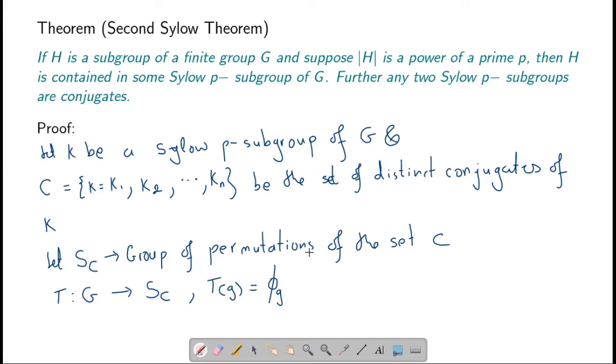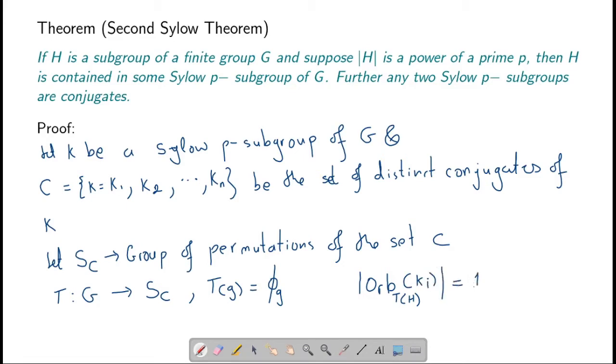Let us consider this homomorphism, and we need to show that H lies inside one of these. Therefore, using the lemma again, we basically need to show that there is some i such that the orbit of Ki has only one element.